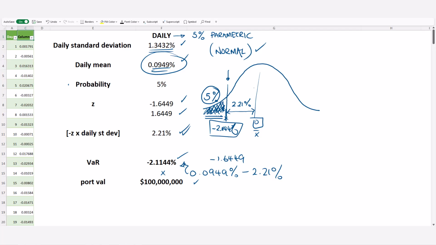Simply multiply it by your portfolio value, and we have our 5% daily VaR on a parametric basis. We can tell clients, you can tell me, that this portfolio will have losses exceeding 2.114394 5% of the time.